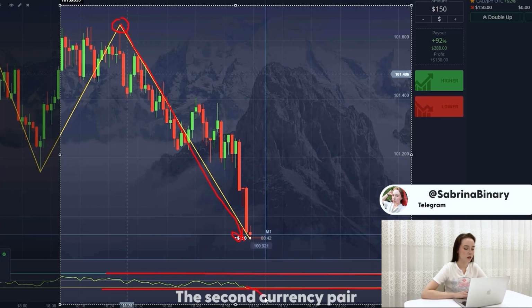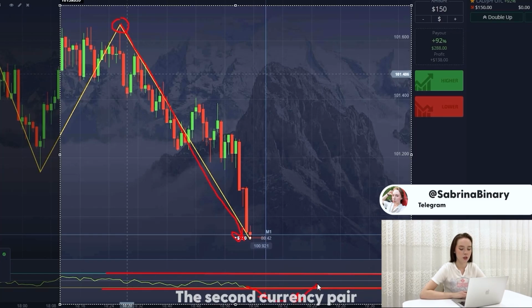This also works in the opposite direction. Well, when the indicator doesn't go out of the boundaries but moves within them, you should just look at the direction. If it's up, it's a buy. If it's down, it's a sell. And there is not much time left until the end of the deal.